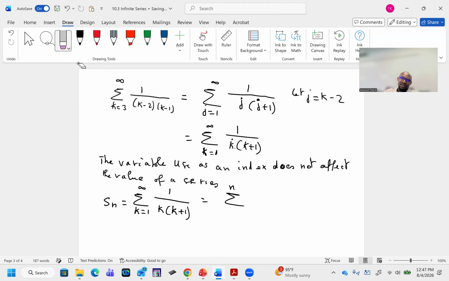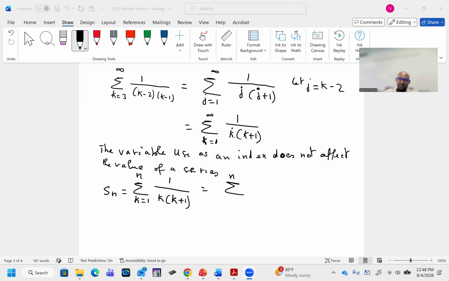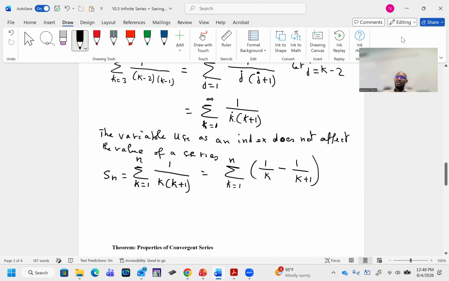Why am I using infinity? This is n, because I'm using Sn, so n, K equal to 1 to n, of 1 divided by K minus 1 divided by K plus 1. Okay? So this is what we will get using partial fraction.